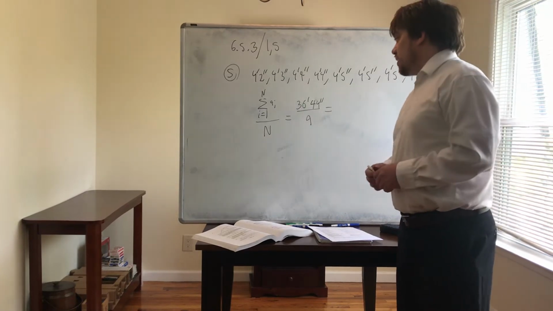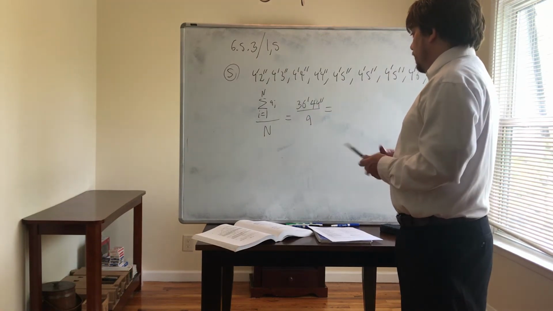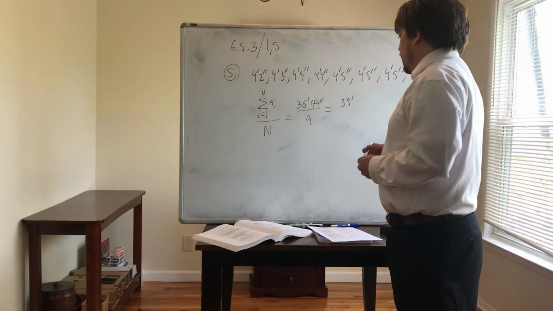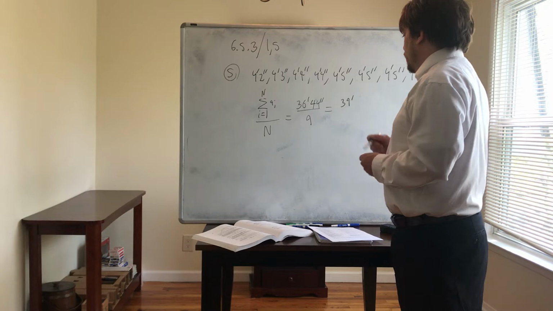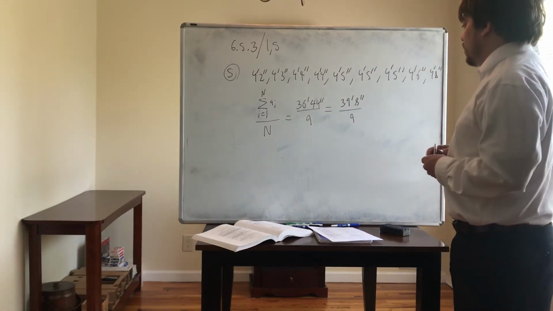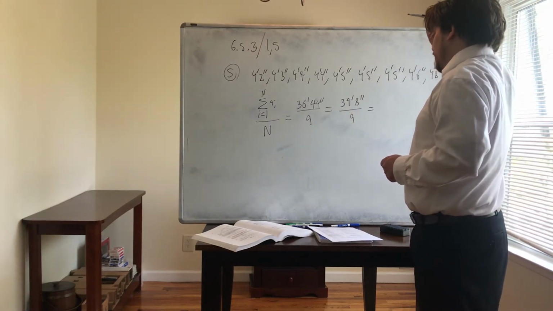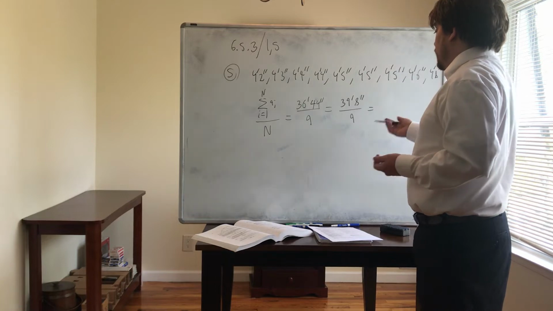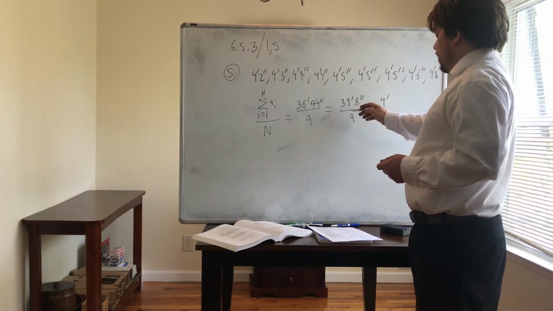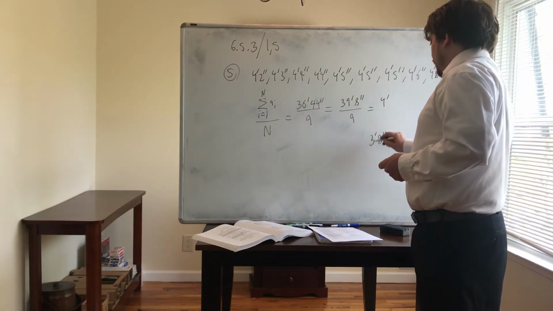But 44 inches, there's 12 inches in a foot. So that's 3 additional feet and 8 inches. So this is 39 feet, 8 inches divided by 9. If you divide 39 feet by 9, you get 4 feet, because it's 36 feet. But then you get a remainder of 3 feet, 8 inches divided by 9.